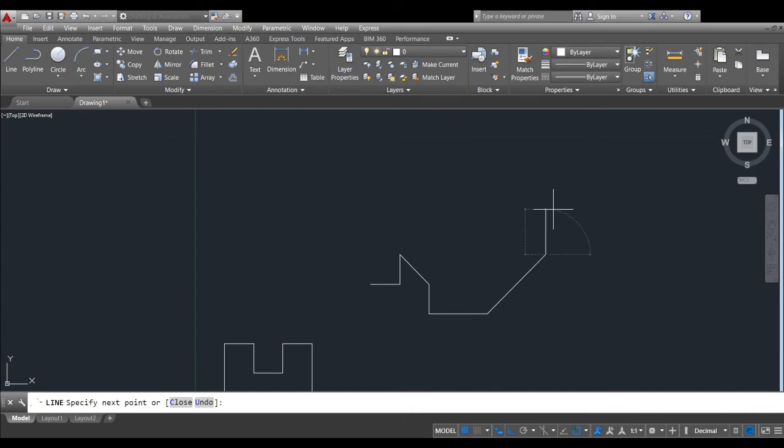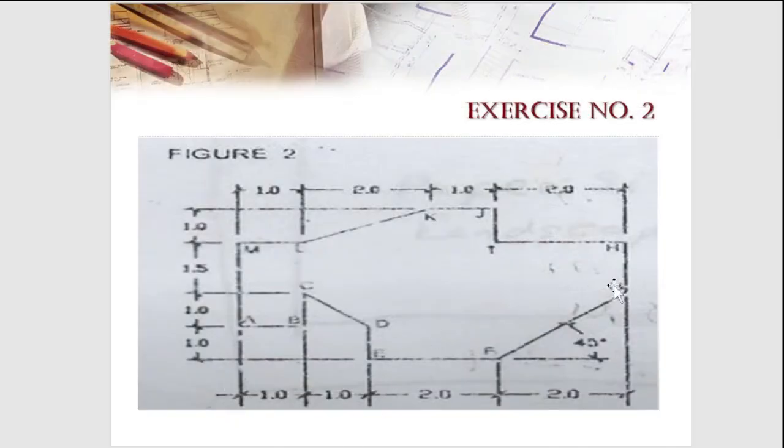Okay. And then going to point H, we just move 1.5 units upward. So x coordinate remains the same, that is 12, and the y coordinate of point G is 16, so plus 1.5, making it 17.5.